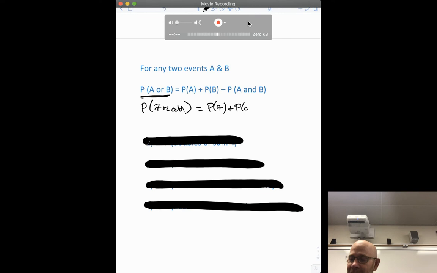So now if I said probability of 7 or odd, is equal to the probability of 7 plus the probability of odd minus the probability of 7 and odd, which is kind of weird because I know if it is 7, it is always odd. But we have to subtract the overlap in essence. So you can count the 7s. There are 6 of those. You can count the odds.